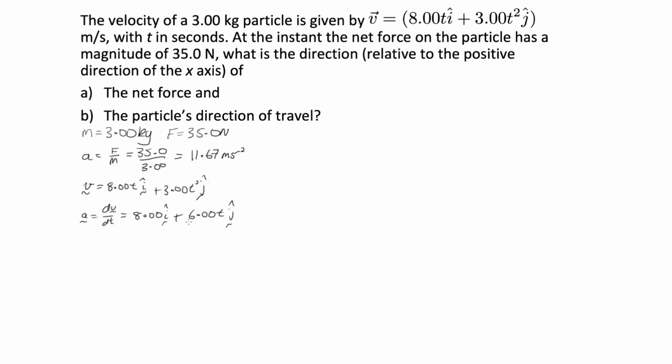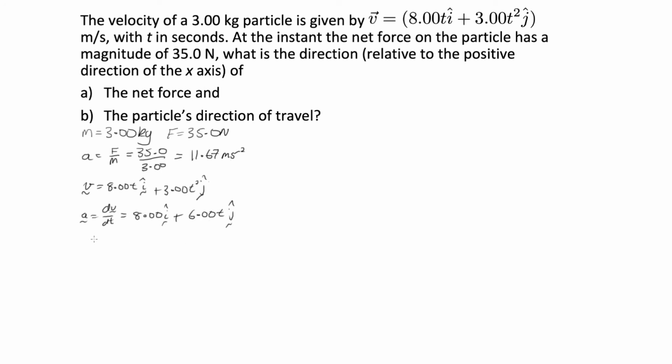Now we can work out at what time the acceleration has a magnitude of 11.67, and from that we'll know what the j component of the acceleration is. So if we know the i and the j component, then we're able to work out the direction.